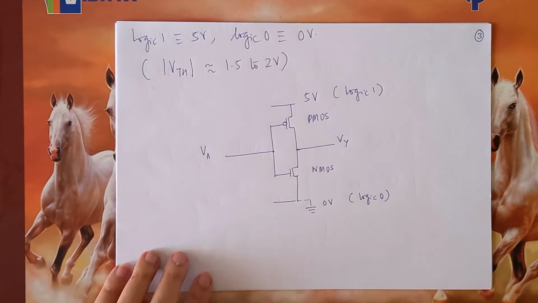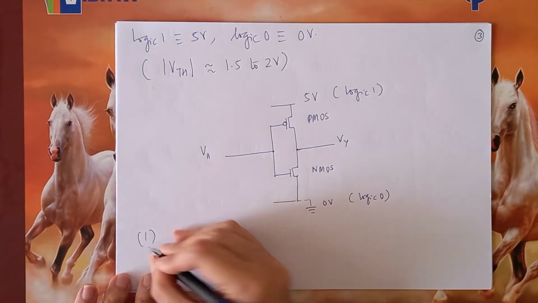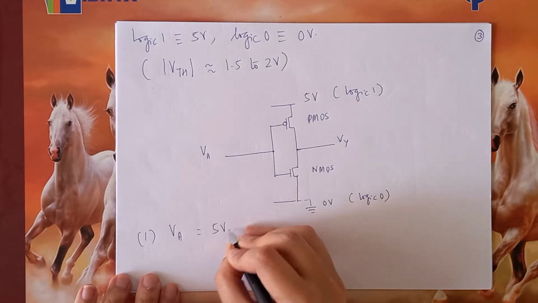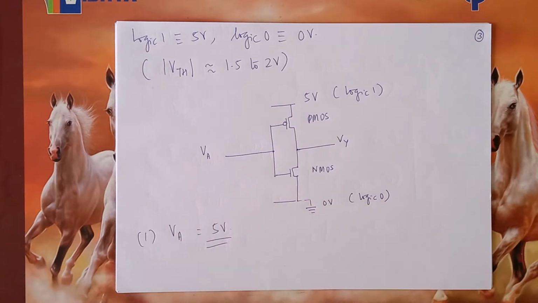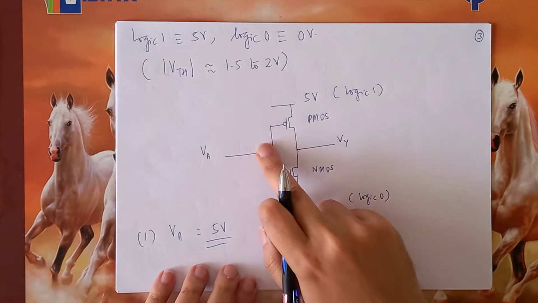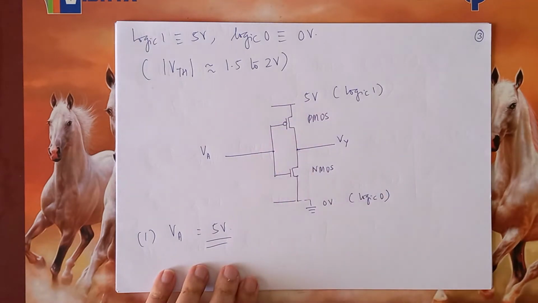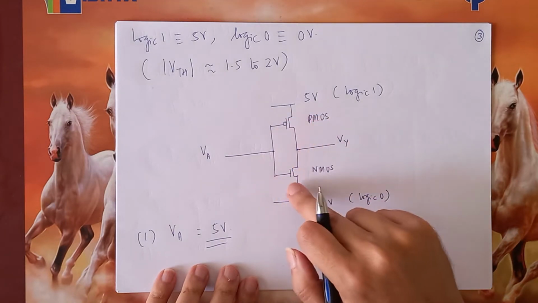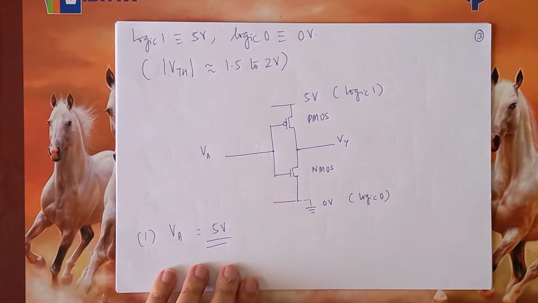Now, first things first. Let's take case 1 when VA equals 5 volts. If VA equals 5 volts, let us look at the voltage reaching the gate of each transistor. The gate of the PMOS gets 5 volts and the gate of the NMOS gets 0.